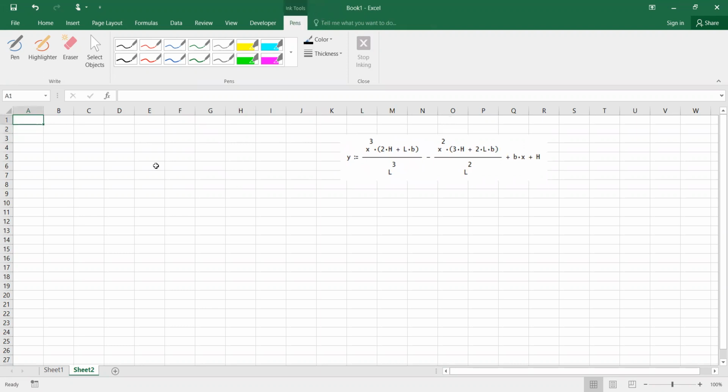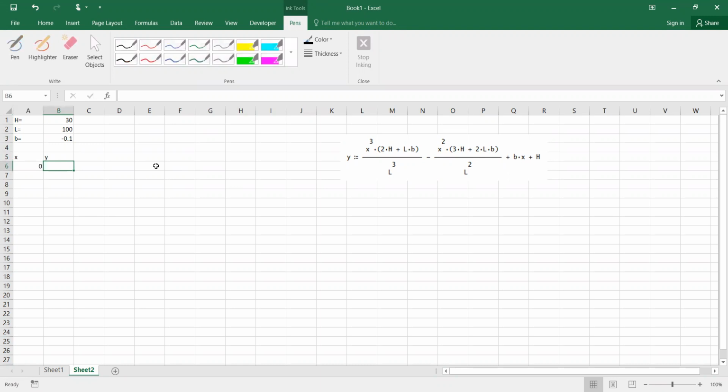Start here with writing H equal to, for example, L equal to 100. I'll make b a negative value, say minus 0.1, for example. And then we have here x, y. The first value of x is 0.